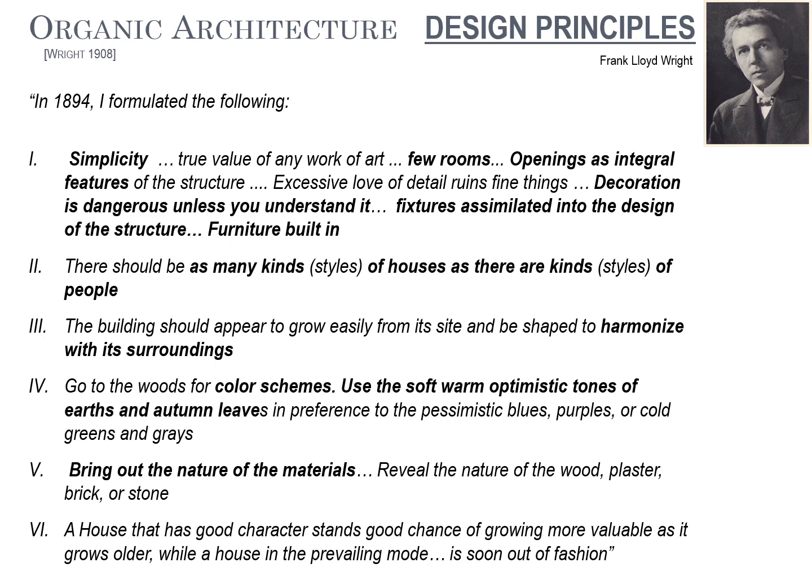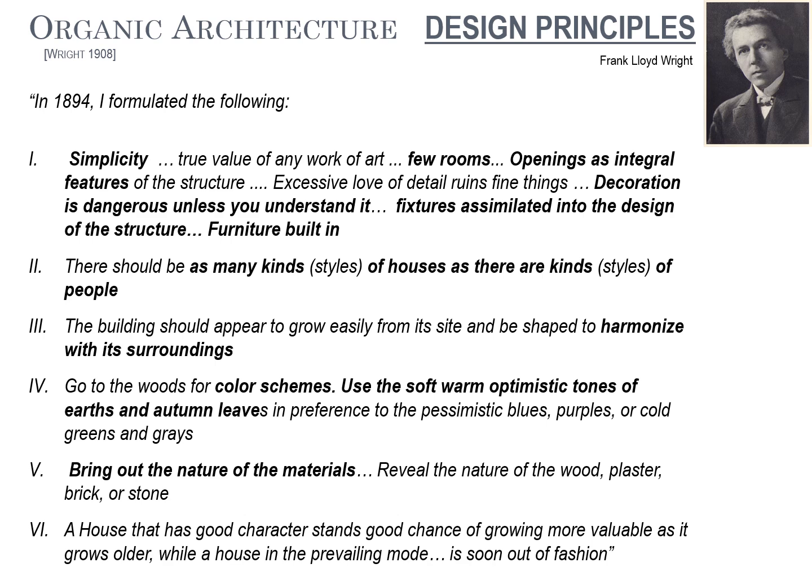Go to the woods for color schemes. Use the soft, warm, optimistic tones of earths and autumn leaves in preference to pessimistic blues, purples, or cold greens and grays. Bring out the nature of materials.